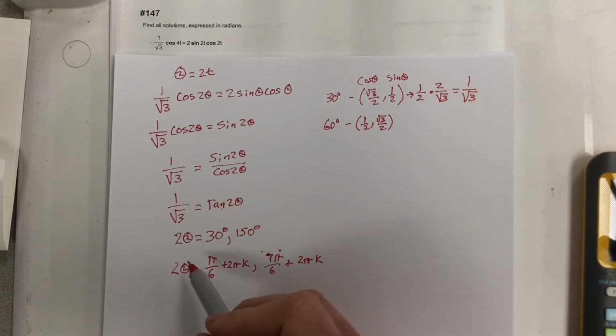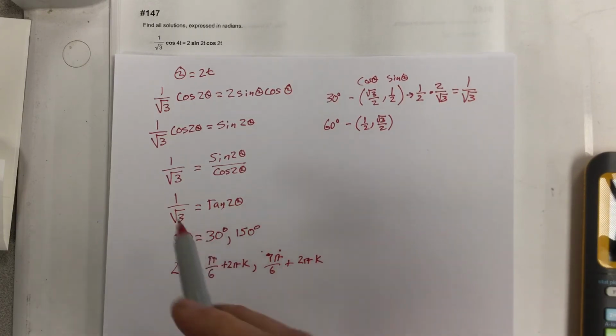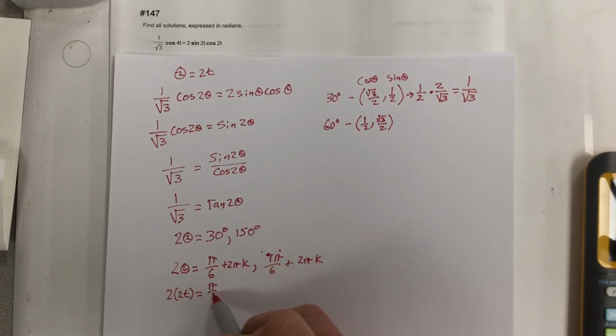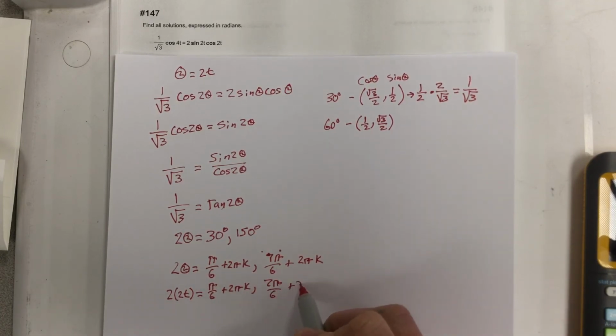Now what I want to do is plug theta back in. So I have 2t up here, that's theta. So I'm going to say that that's now 2 times 2t equals pi over 6 plus 2 pi k, and 7 pi over 6 plus 2 pi k.